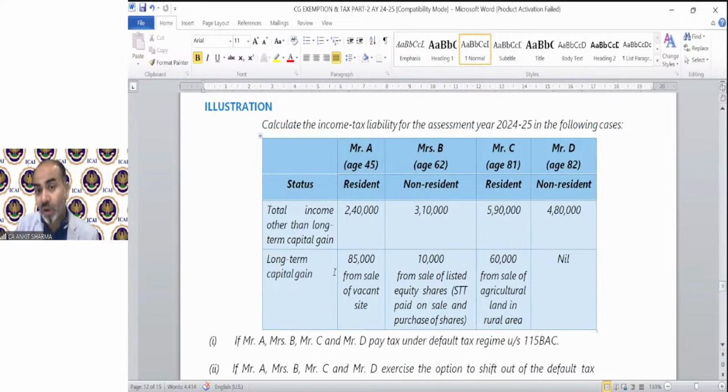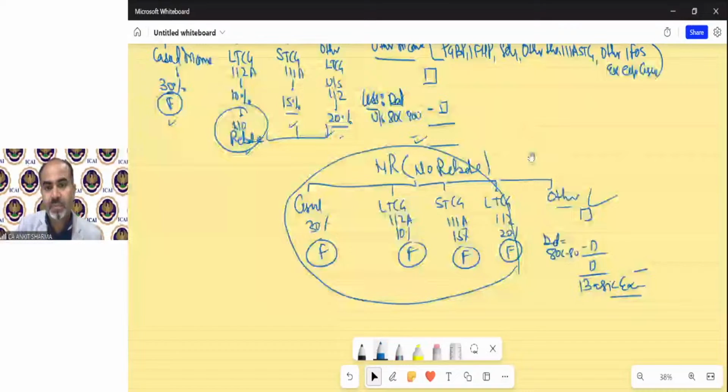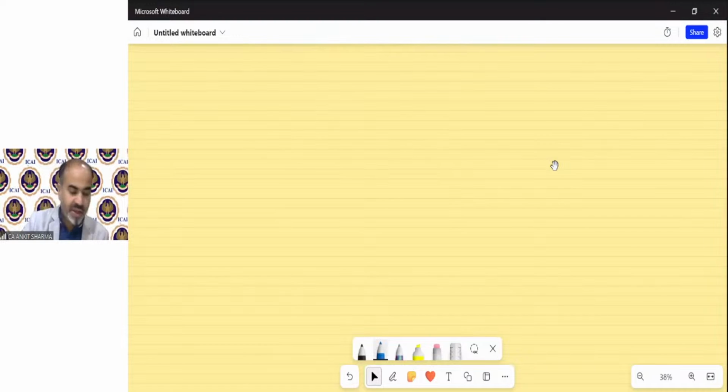Now we have to solve it. We do not have proper place over here, so let me solve it on a separate sheet. Question 1 says Mr. A, age 45 years, and he is a resident. Clear?